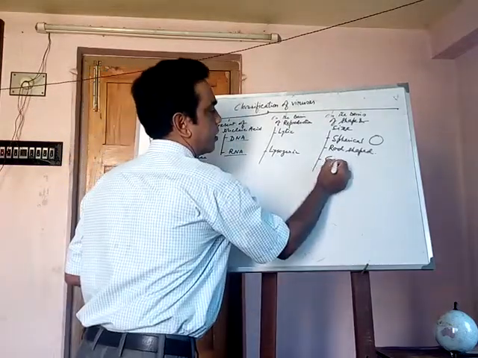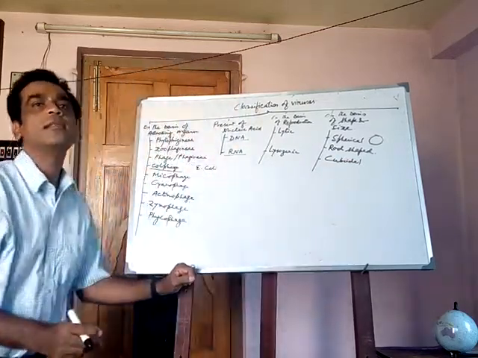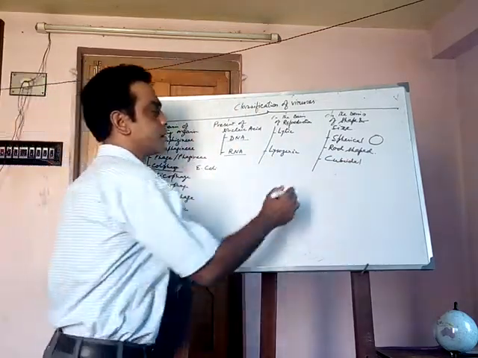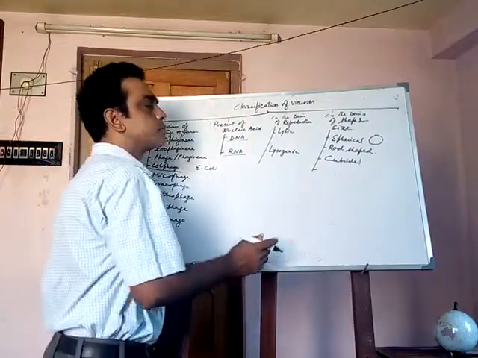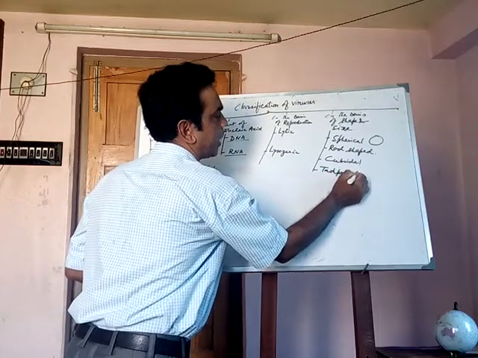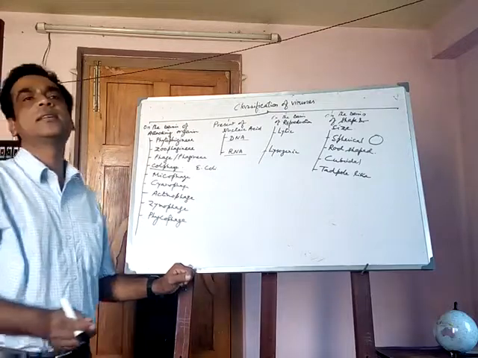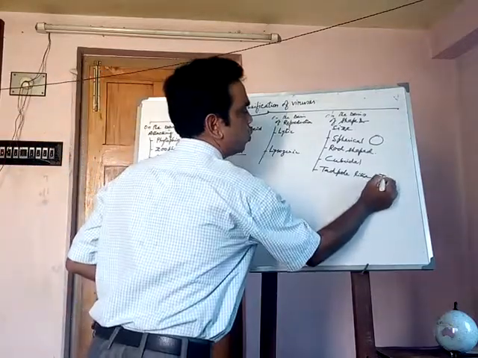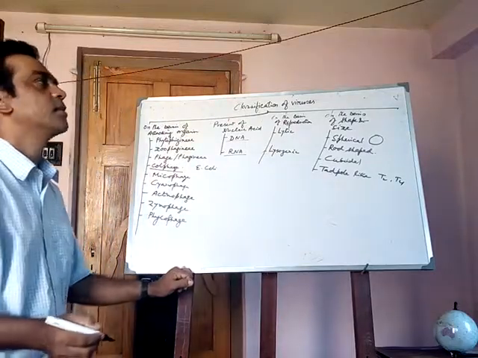Cuboidal, that is herpes viruses. And tadpole-like viruses, that is T2 and T4 viruses.